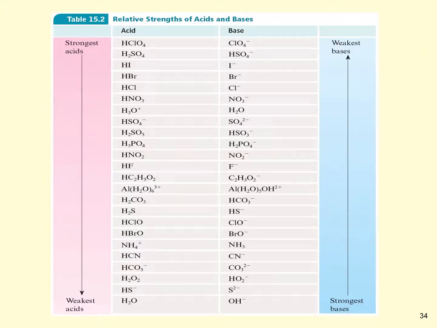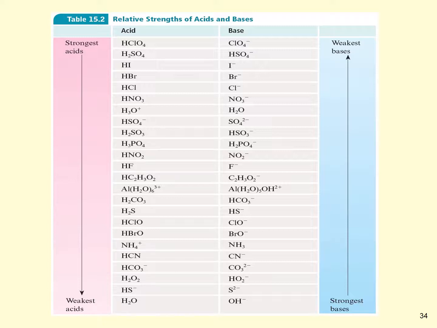So here we can see the very strongest acids, and these were the 6 that I had mentioned before: HClO4, H2SO4, HI, HBr, HCl. Those are the very strongest acids, and then they go down from there. So those 6 are the most willing to give up an H+. Oh, the HNO3 is also one. And then going down, these are also acids because they're willing to give up their H+, but less so.